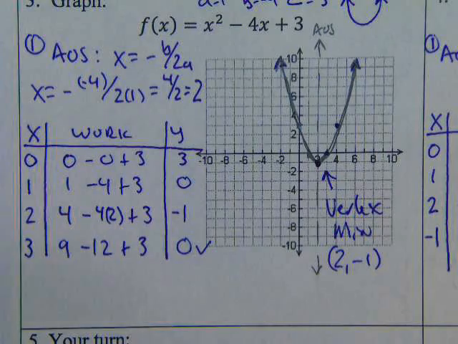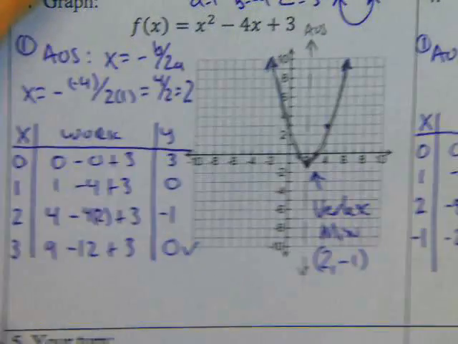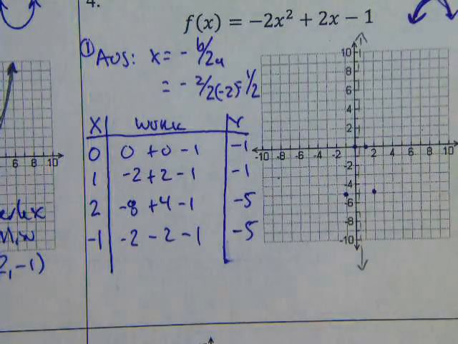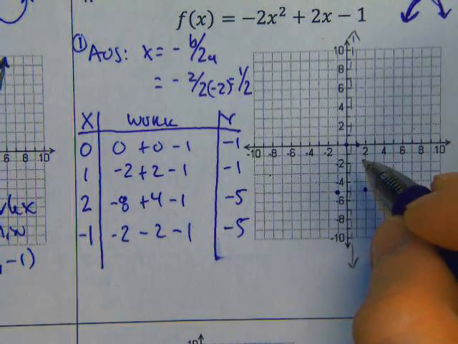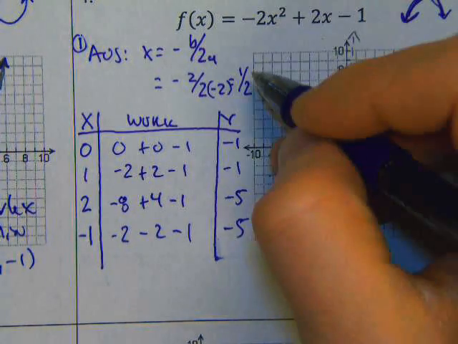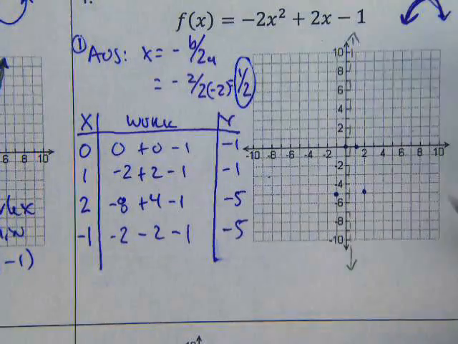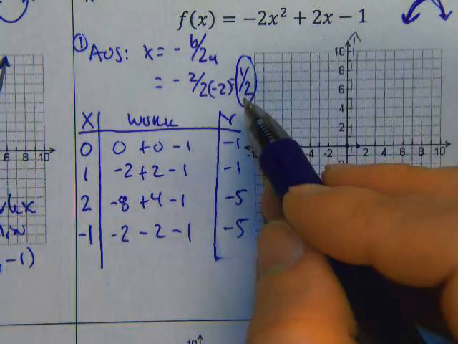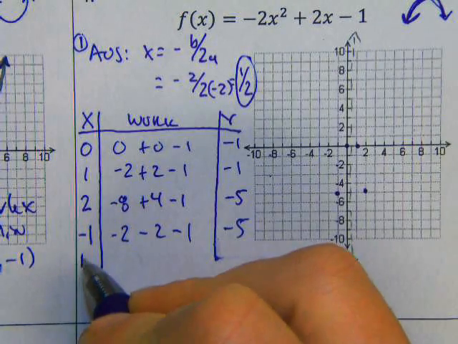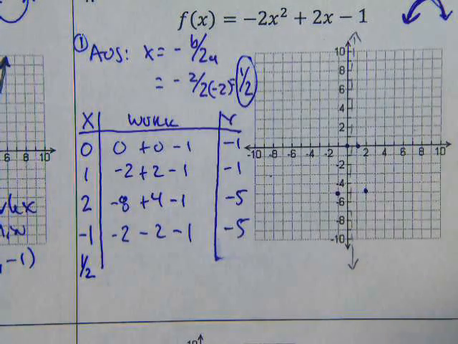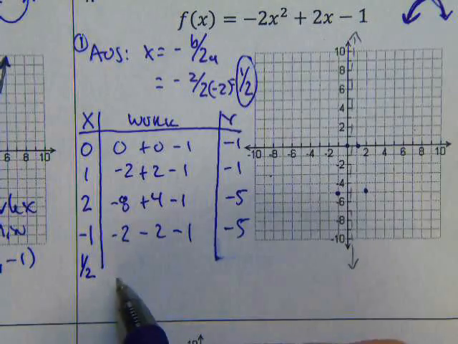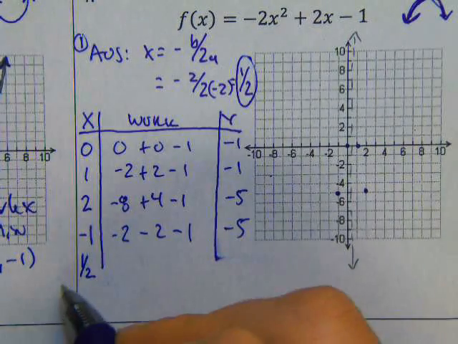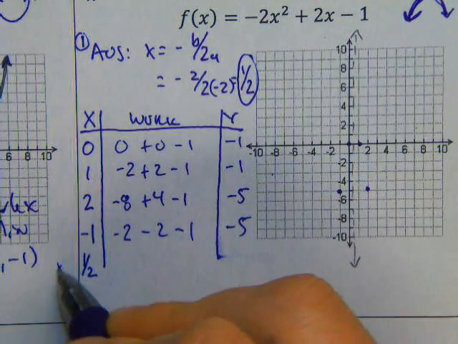Over here, well, I know my axis of symmetry point is 1/2, so I need to find out the y that corresponds with x being 1/2. So if x is 1/2, okay, what do we get? I'm gonna use some space here. x is 1/2.